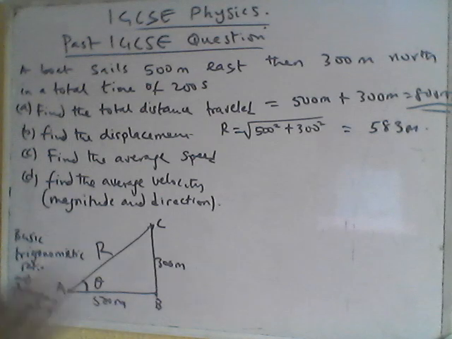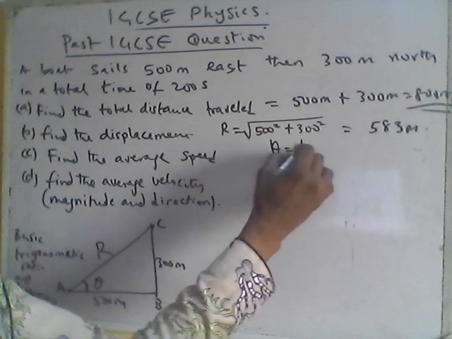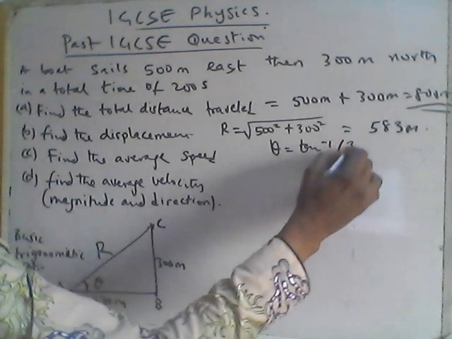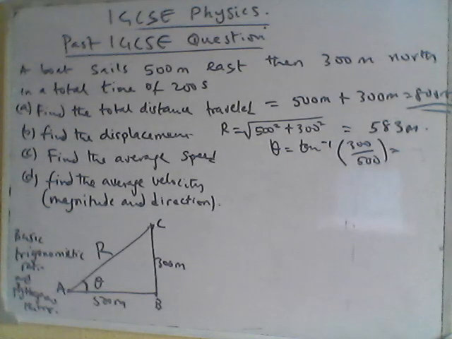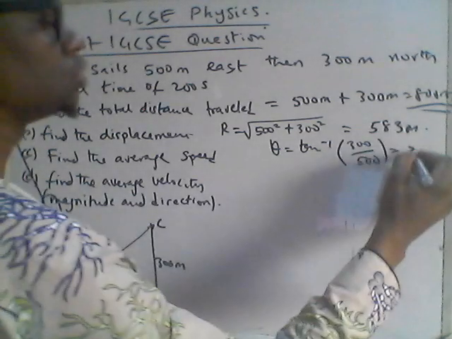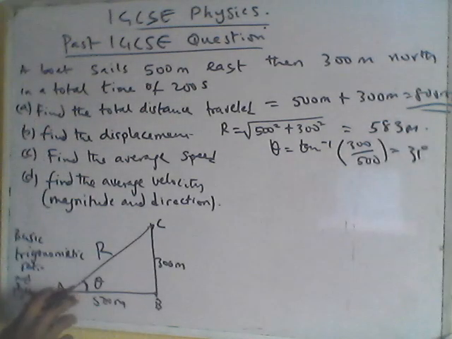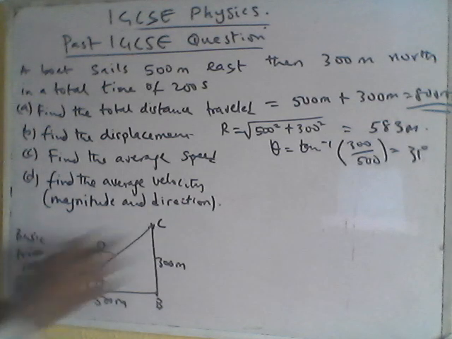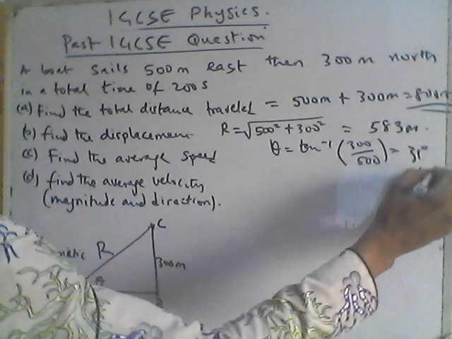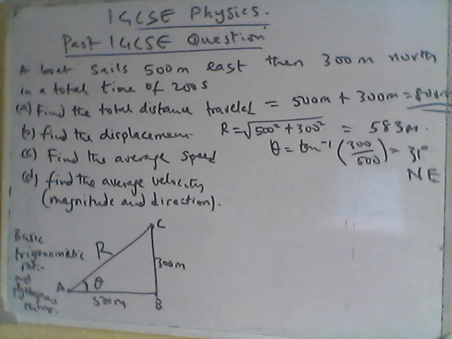This angle theta is tan inverse of 300 over 500. That will give me the angle 31 degrees. 31 degrees is what? Northeast. See, this line is northeast, NE. Okay, so I've gotten B.